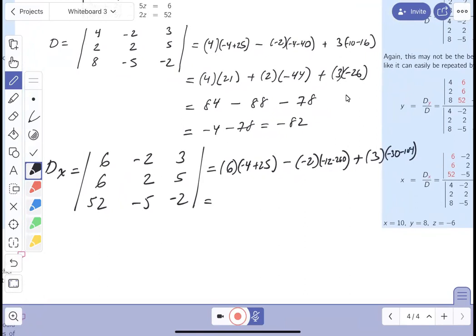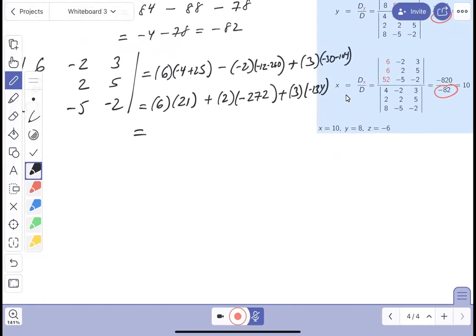All right, let's take a look. 6 times 21 plus 2 times minus 272 plus 3 times, well, it's minus 134, right? And I got to do arithmetic. And I'll be honest with you, I really don't enjoy doing arithmetic. I'd much rather have a machine do it.